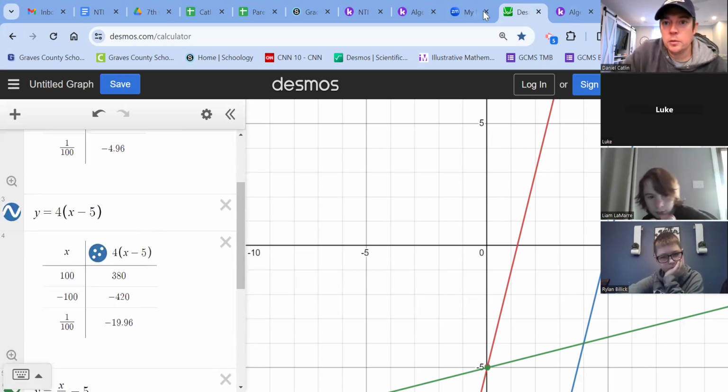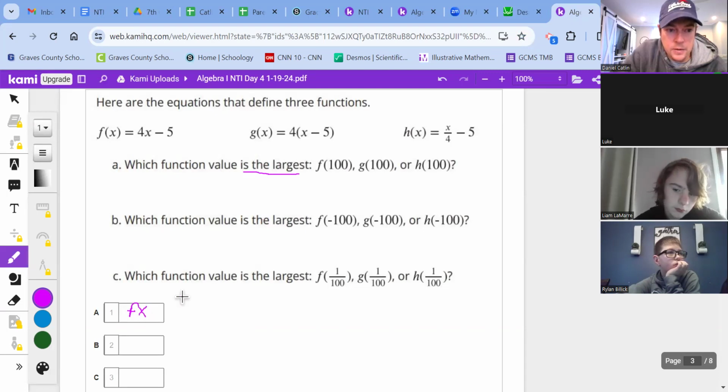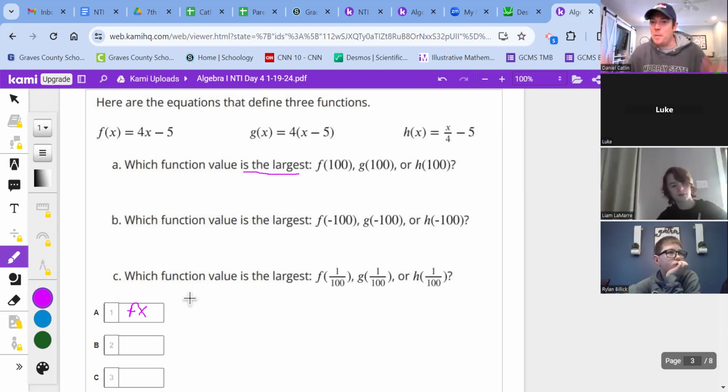So your choice on your assignment, whenever I plugged in 100 for each, your answer for A should be f of x. All right, so make sure, and I'm trying to write with my finger, and it's not as good as when I have my stylus. But I'll make it work.